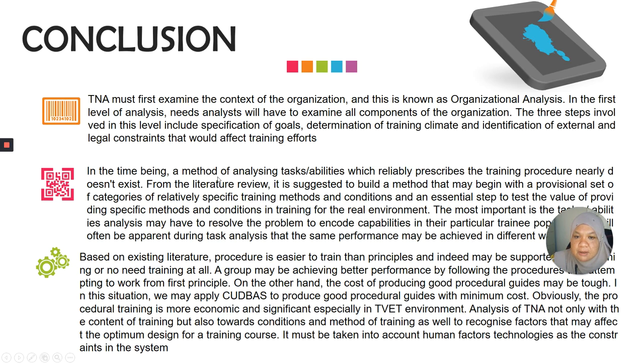At the time being, a method of analyzing task abilities which reliably prescribes the training procedure nearly doesn't exist. From the literature review, it suggests building a method that may begin a professional set of categories of relatively specific training methods and conditions, an essential step to test the value of providing specific methods and conditions in training in a real environment.